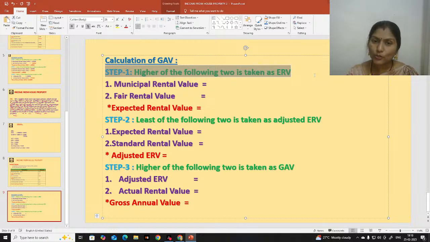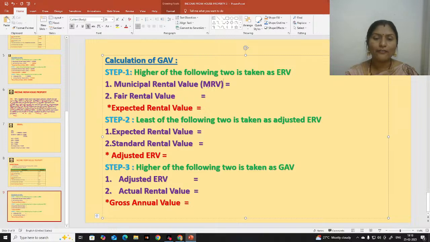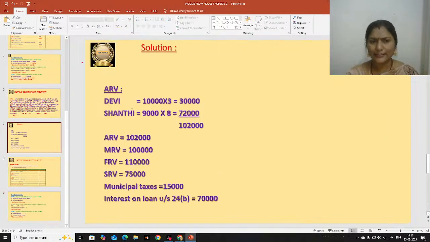So what are those 2? First one is municipal rental value. Short form of this is MRV. We should write in capital letters MRV. Full 1 year MRV we should take. Already we collected all the details from the question.